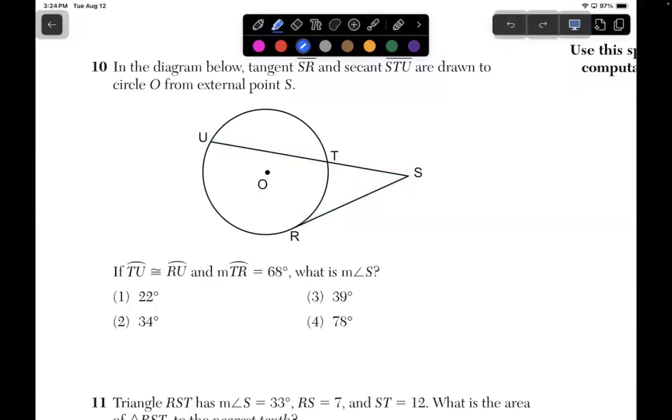And they told us that arcs TU and RU are equal to each other, and then this arc TR here is 68 degrees.